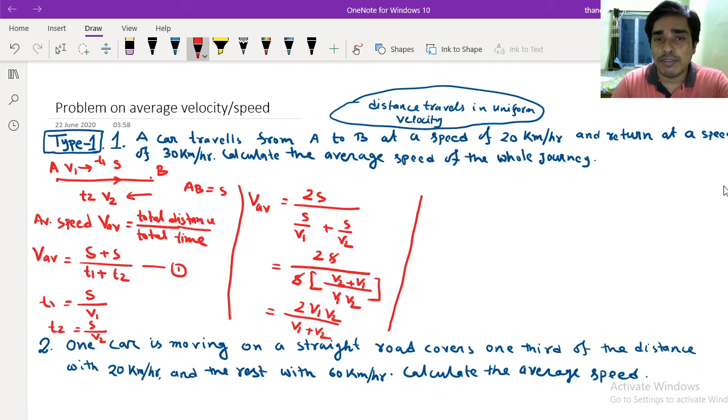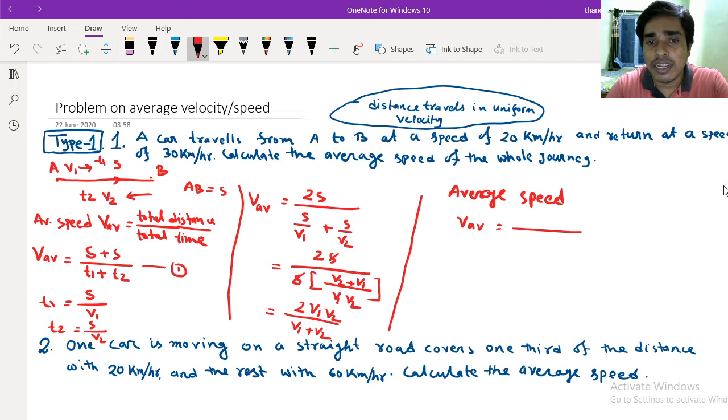So the average speed, V average, equals 2 into v1 into v2 divided by v1 plus v2. Here v1 equals 20, v2 equals 30, and 20 plus 30 is 50.